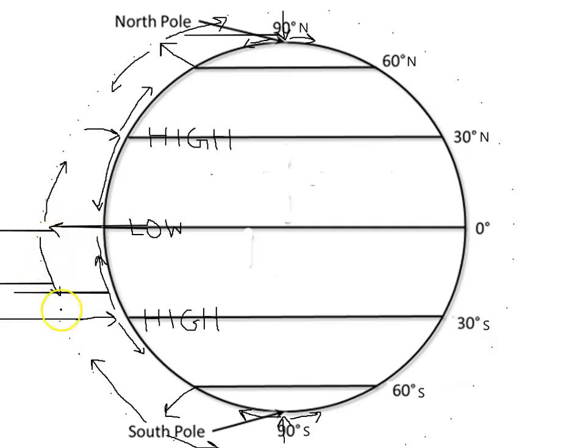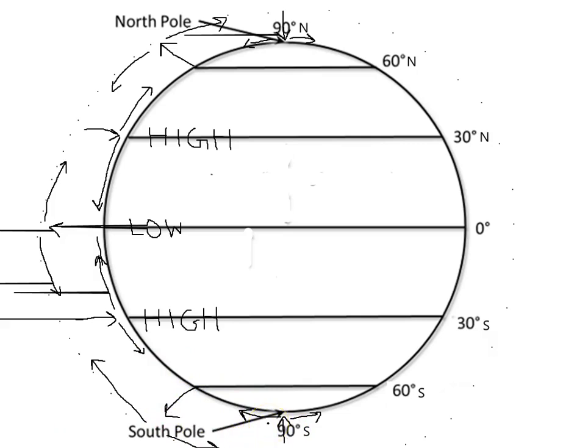When you draw your arrows, there should be a complete circle, all going in the same direction. Then between 30 degrees south and 60 degrees south, you've got another circulation cell, and between 90 degrees south and 60 degrees south, you've got another circulation cell.